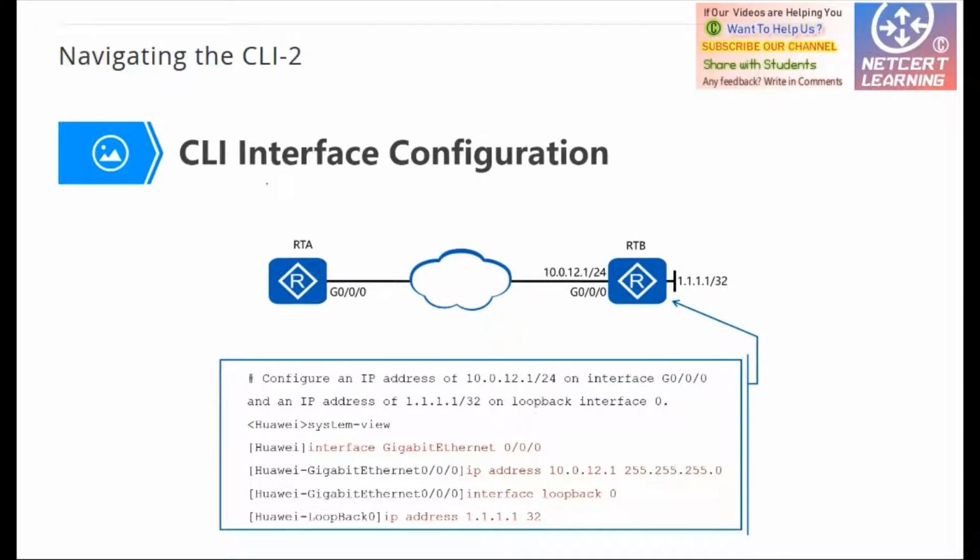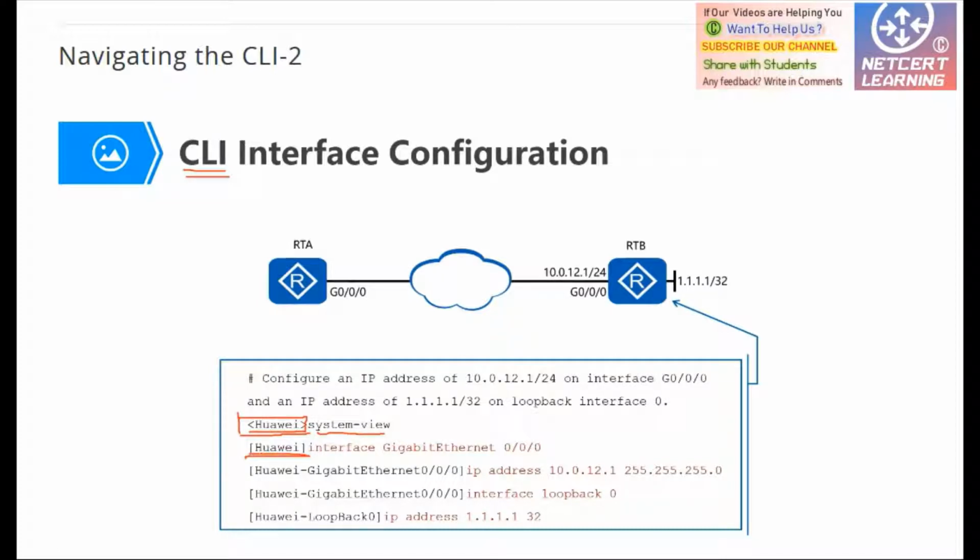This is an example using the command line interface to configure the interface of the router. First, when you get into the device's VRP command line interface, you get this prompt. Then use the system-view command to get into the system view.